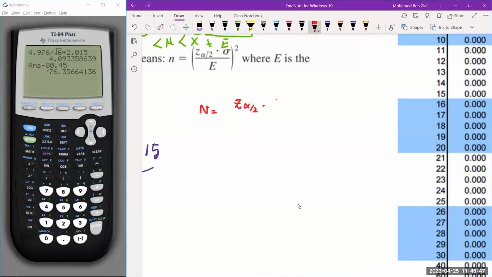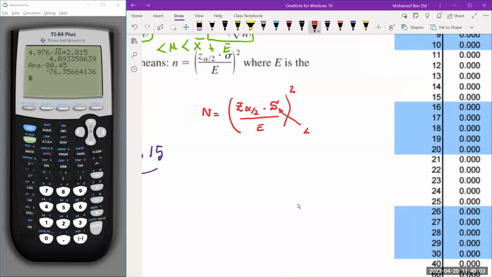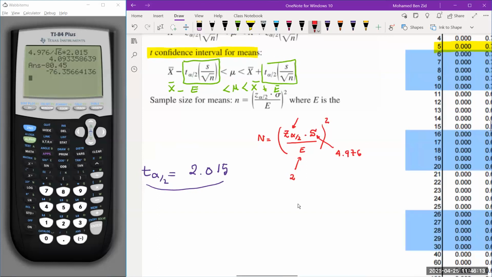I don't have sigma, so I'm going to multiply it by S and divide by E and square it. Now, the S is 4.976. The E, we know it, is 2. And this is Z alpha over 2.